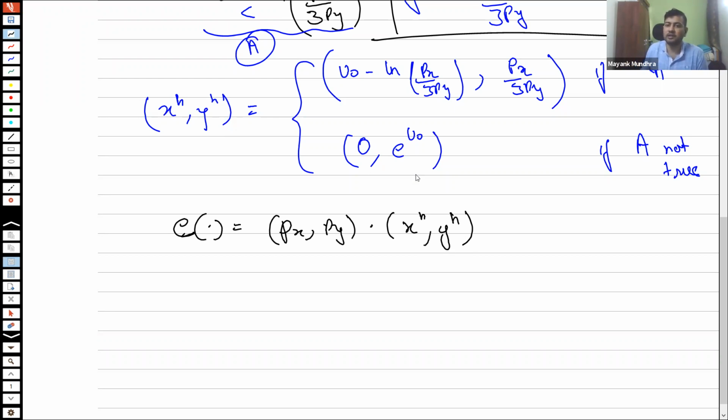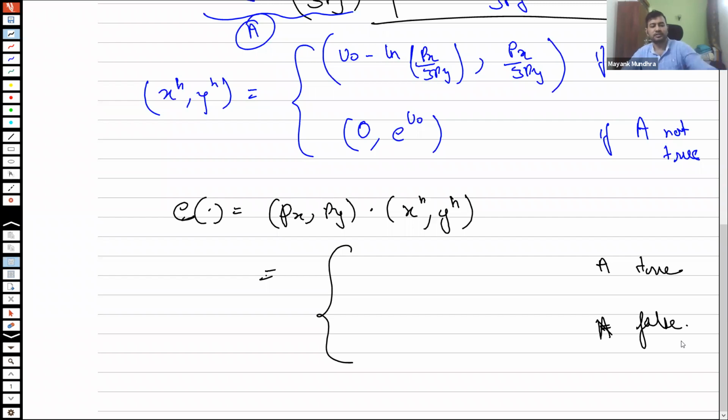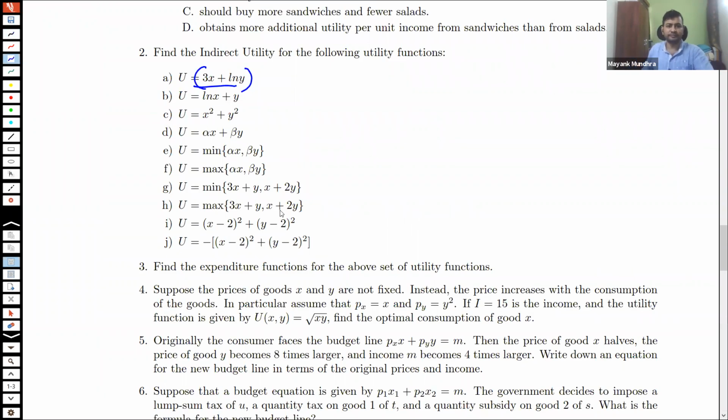We have this format. You just take a dot product with px, py, that is px xh plus py yh. That becomes your expenditure function. That could also be a piecewise function, a true and a false type relation, I guess. So this takes care of question number 1.